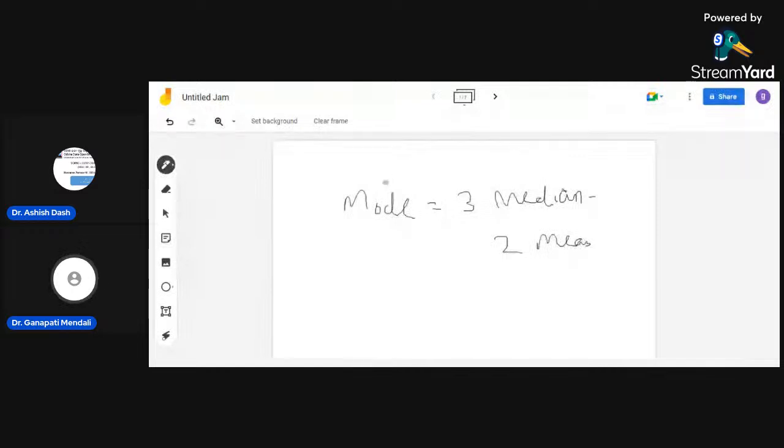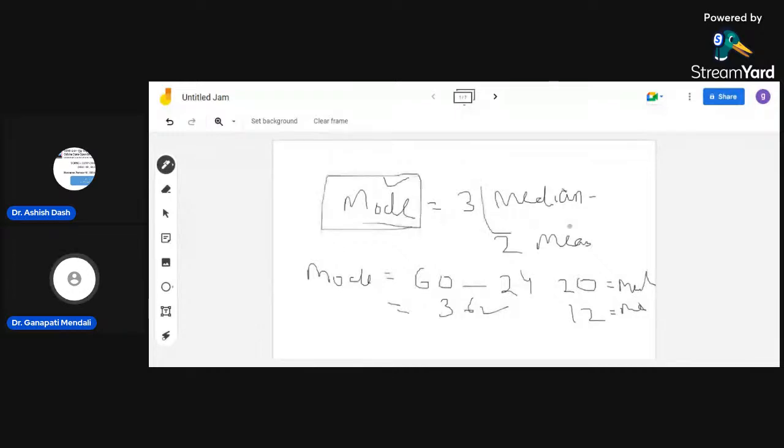If the median value is, let us say, 20 and the mean value is 12, what is the mode? Mode is equal to 3 median minus 2 mean: 20 into 3 is 60, minus 2 mean, 24, so it is 36. Now if mode and median are given, you can calculate the value of the mean. These things you need to remember.